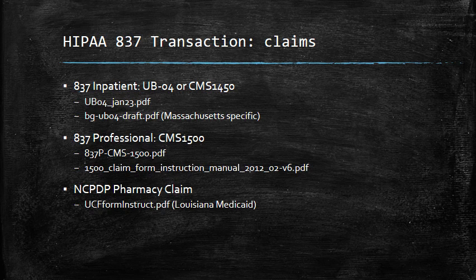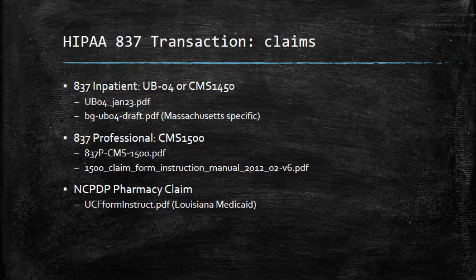Since the 837 is the source for a lot of information for analytics by payers, that's the claims files, I provided in the additional readings some reference material showing you what those specifications look like. There's the 837 Inpatient, sometimes called the UB04, Uniform Billing Form 2004, CMS 1450. Those are different buzzwords for the same thing.